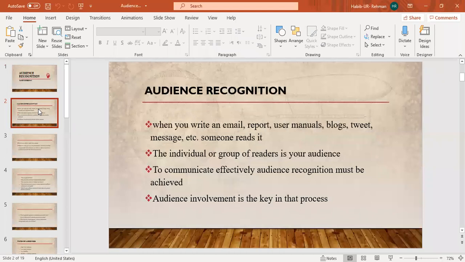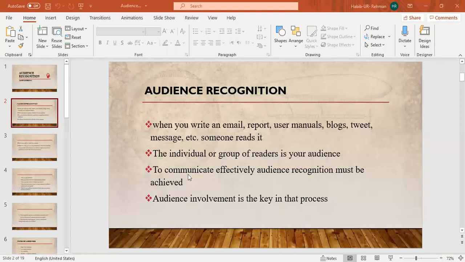All right. Whenever you write something, whether it's a blog, a manual, or a message to your friend or family, someone reads your message or report. There is always a person who receives it or reads it.